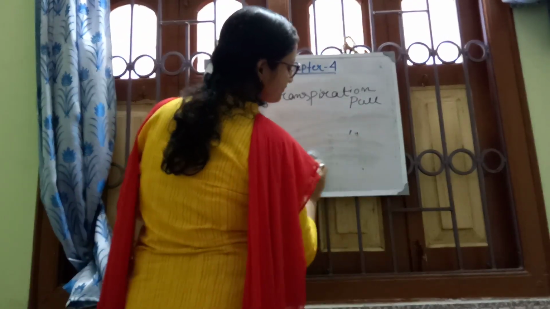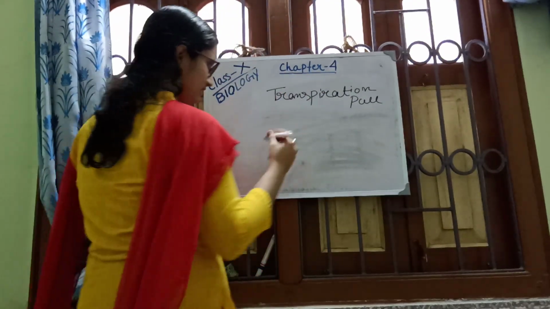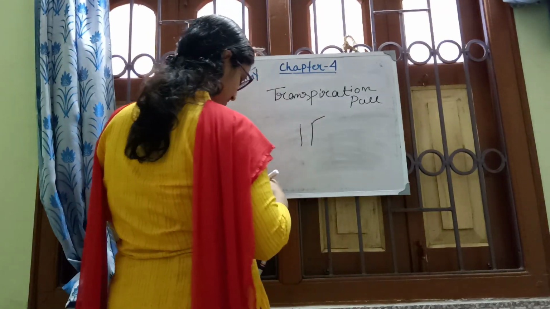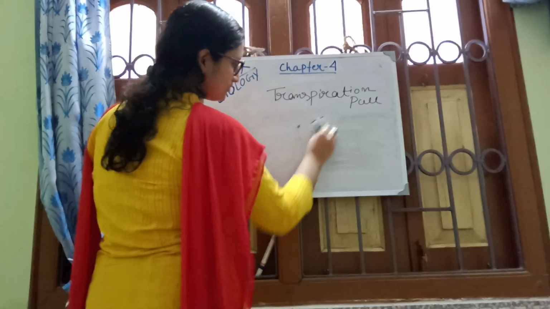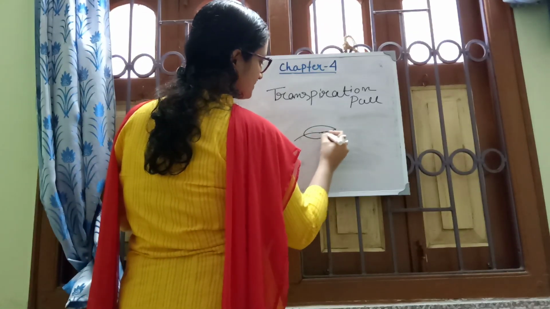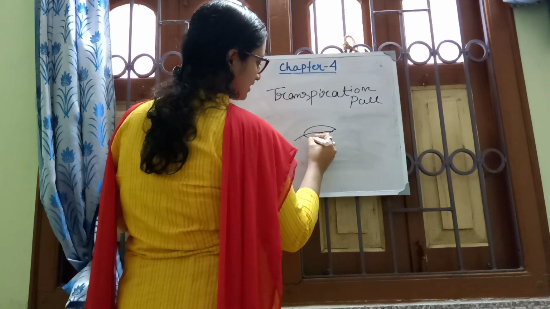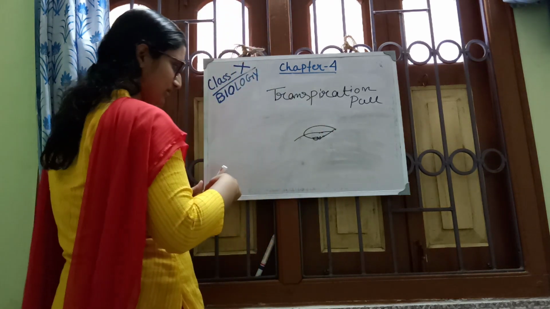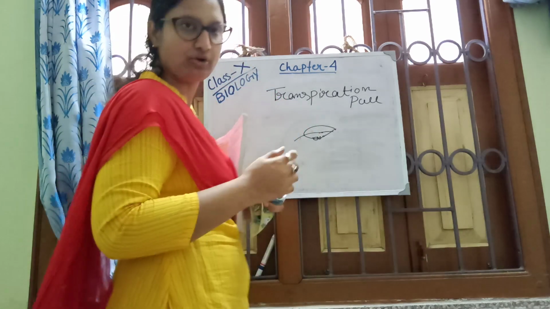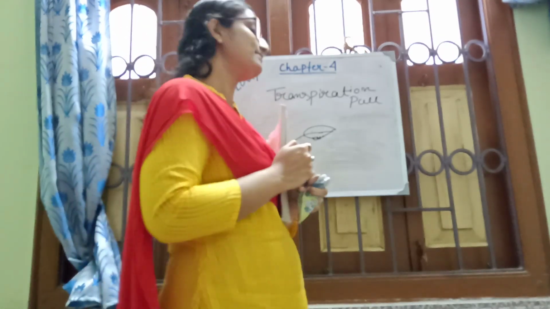Suppose this is the plant, the stem, and these are the leaves. Here in the leaves you can see the stomata. The stomata are present on the lower surface, and through the stomata the loss of water occurs. This is called transpiration.